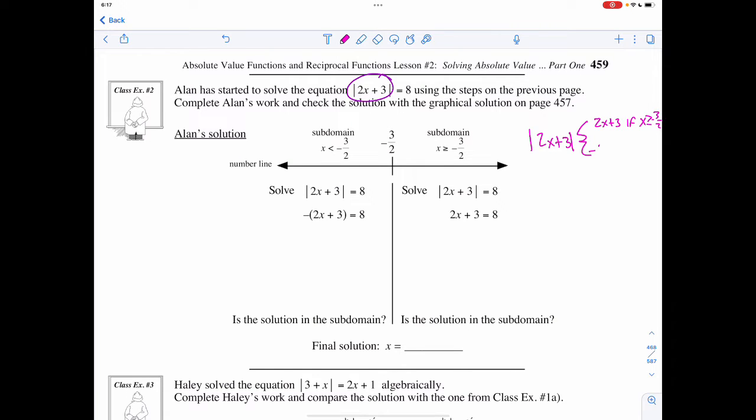And it would be the negative version, negative of 2x plus 3, if x was less than negative 3 over 2. And that's how we decided what's going to fit into each part. When it was in the greater than section, he used the positive version. When it was in the less than section, he used the negative version.